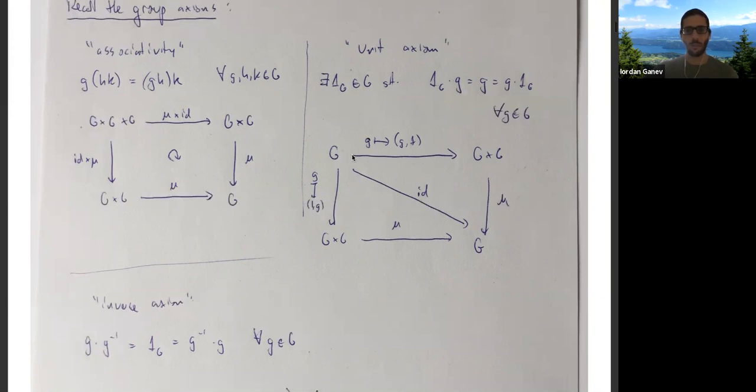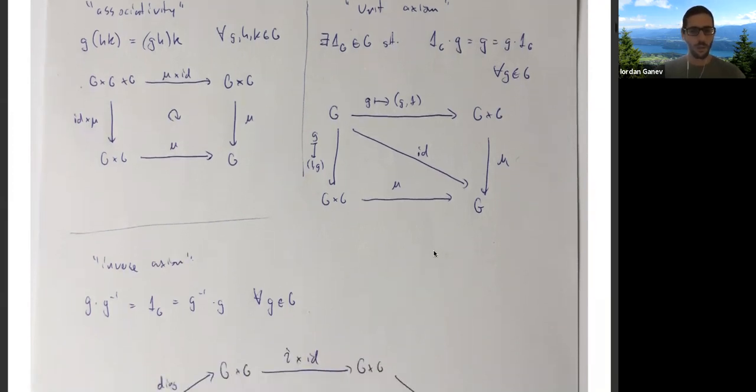Here, this map is inclusion into the first coordinate, and the second coordinate will just be the identity, here the identity in G. Here, we include into the second coordinate. The first identity is the identity in G. If we go around this way, or we just do the identity map on G, then we get the same thing. And this diagram commutes, which is equivalent to these equalities here.